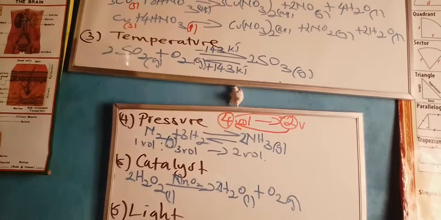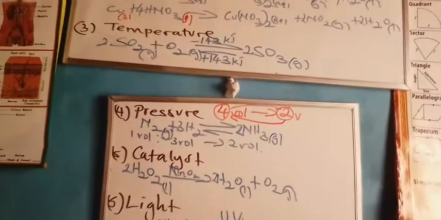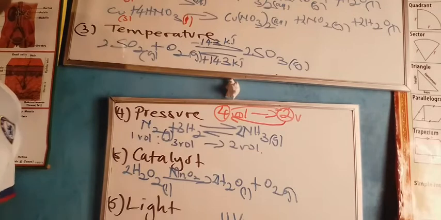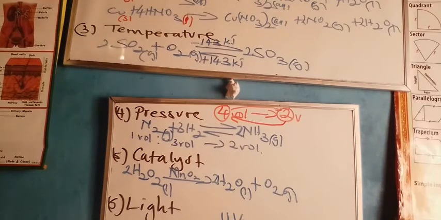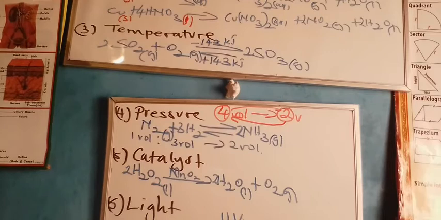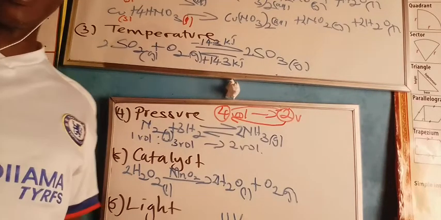The fifth factor which affects the rate of reaction is a catalyst. A catalyst is simply defined as a substance which speeds up the rate of reaction without itself taking part in the chemical change. Let's take the example of hydrogen peroxide. When hydrogen peroxide decomposes, it decomposes naturally, forming water and oxygen gas.